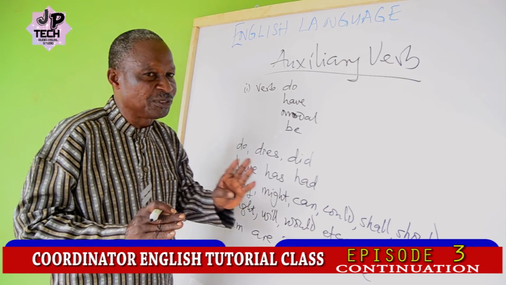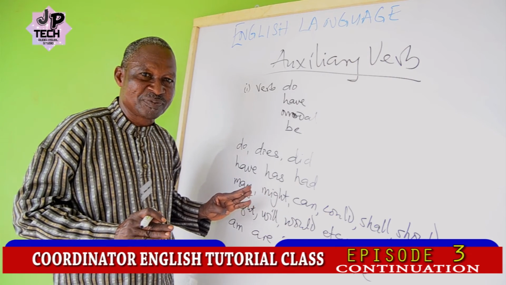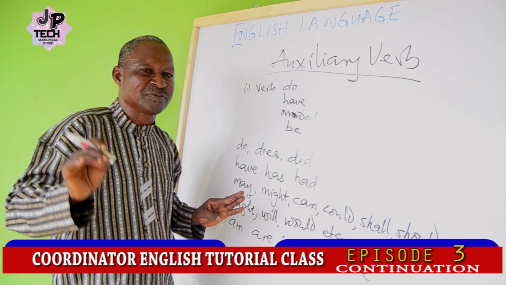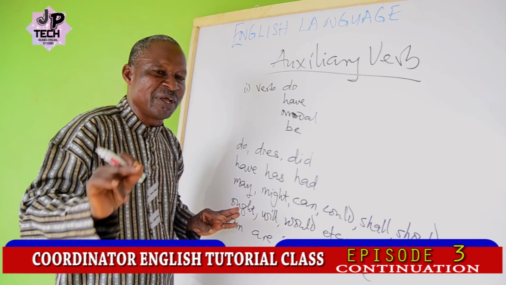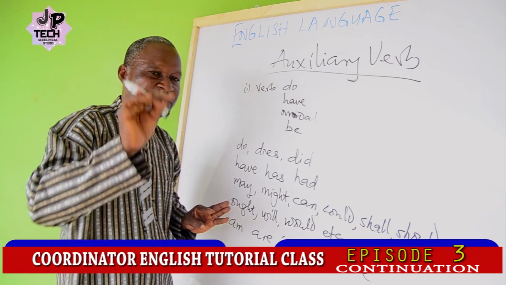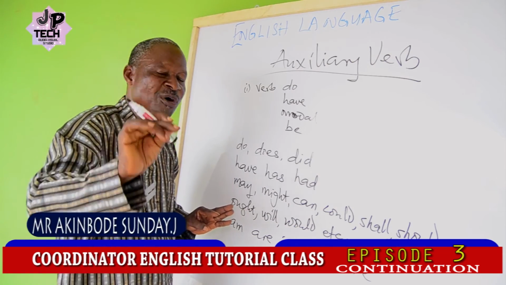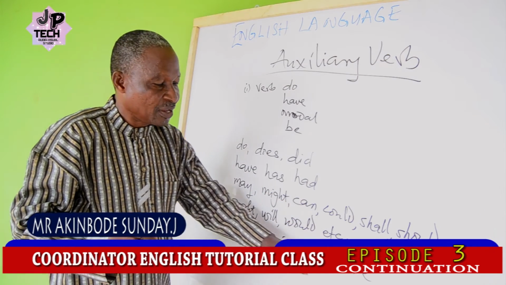So please take note when each of these verbs is used as a main verb, as the only verb, communicating what the subject is doing or the state of being of the subject. Were.